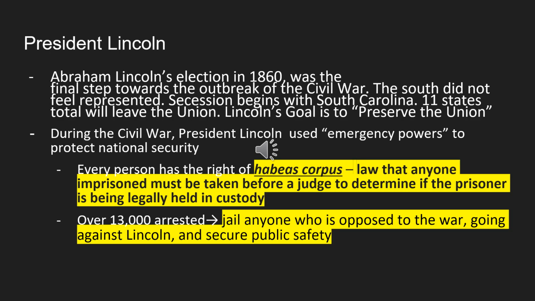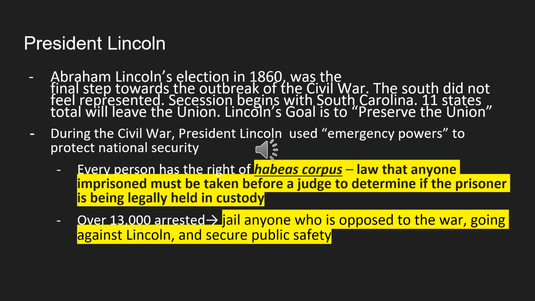Next few slides are going to cover President Lincoln because he really is going to do a lot during the war. Now, the first thing you need to know, obviously, is the election of 1860 leads directly to the Civil War. South Carolina is going to argue that they don't feel well represented by President Lincoln. He is a Republican candidate. They fear that he will get rid of slavery.